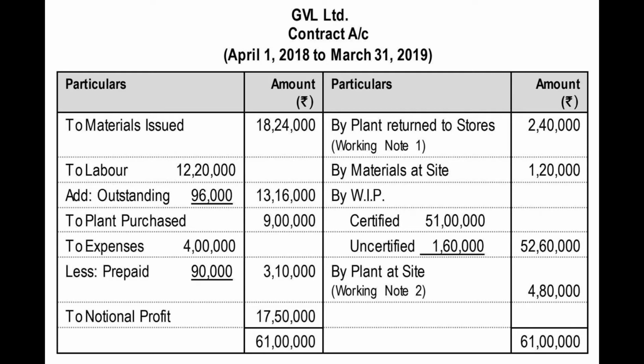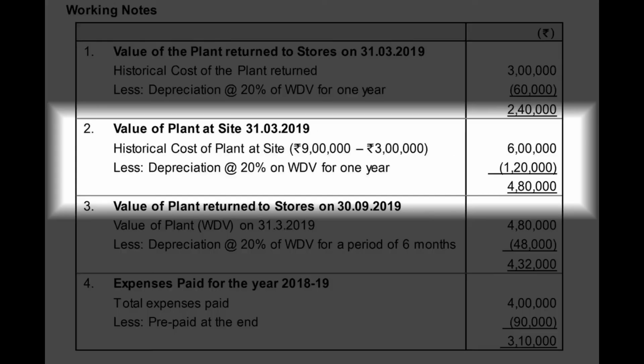Now what is the next information? The plant opening is taken. Whatever returned to store is also taken. Then the next information is balance plant. So by plant at the site, that is a closing balance as on 31st March 2019 at the site. By plant, put to working note 2, then go to working note, write value of plant at site 31st March 2019.